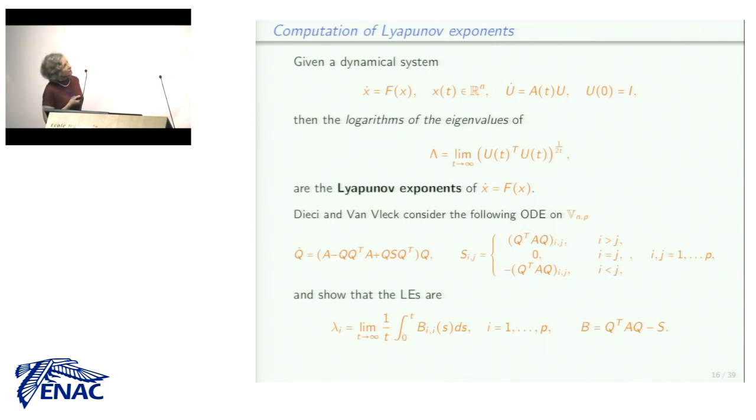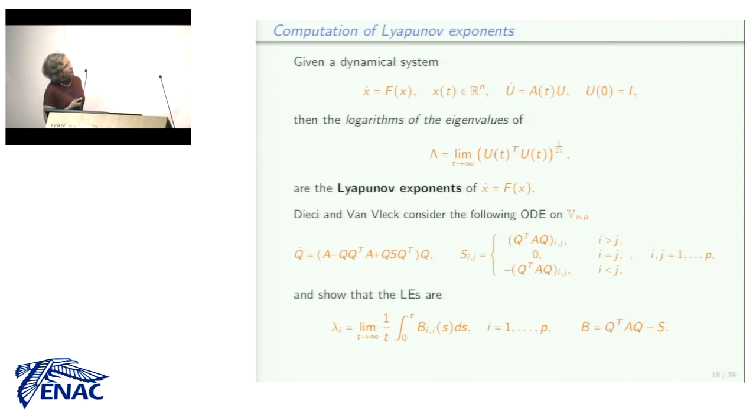And then you can make a matrix lambda out of u by taking u transpose of t times u of t, and taking the limit as t goes to infinity of this power here. Okay?